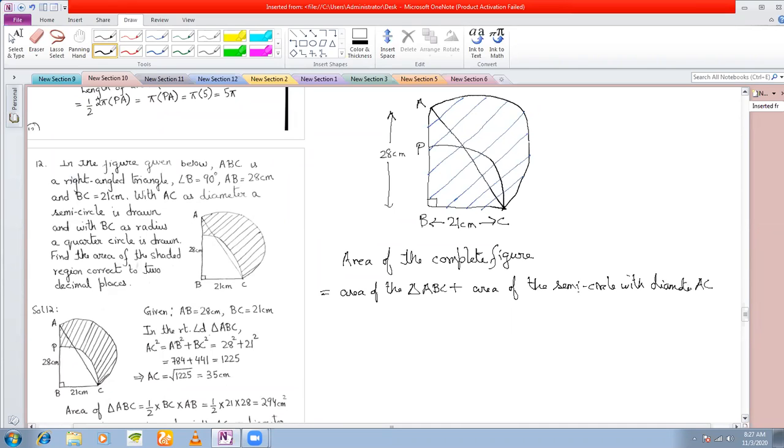But do we know the diameter of this semicircle? We don't know. But what we see is that this diameter AC is also the hypotenuse of this right angle triangle ABC. So we can find out the hypotenuse by Pythagoras theorem.